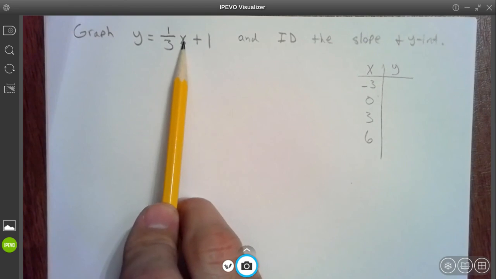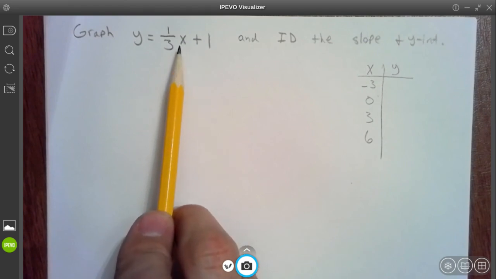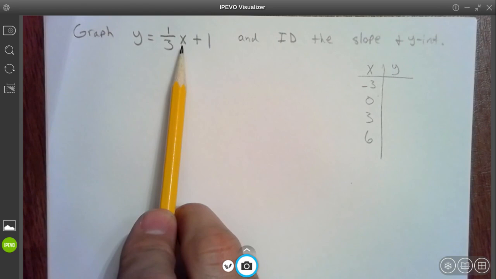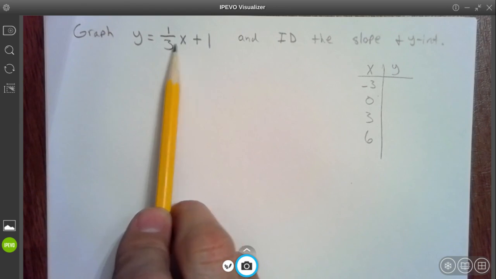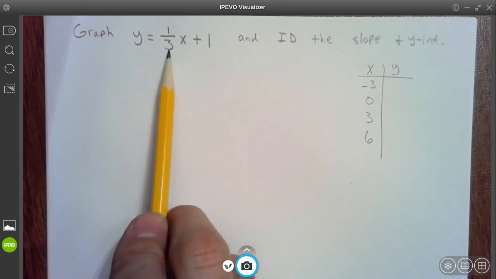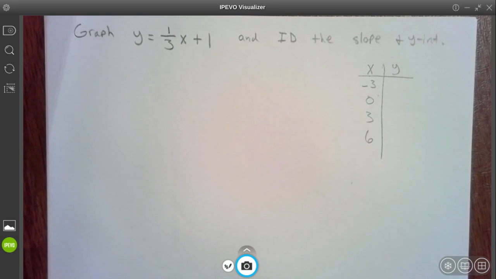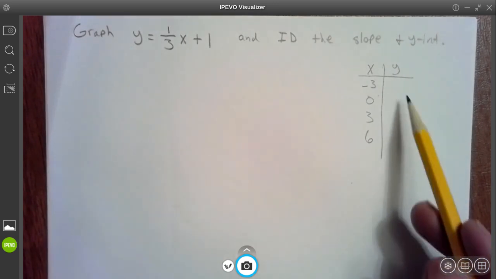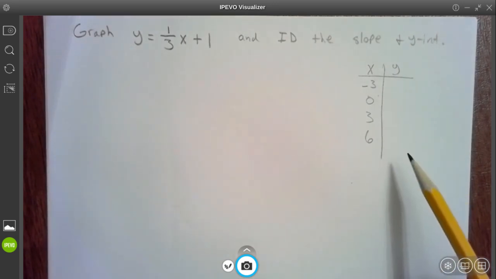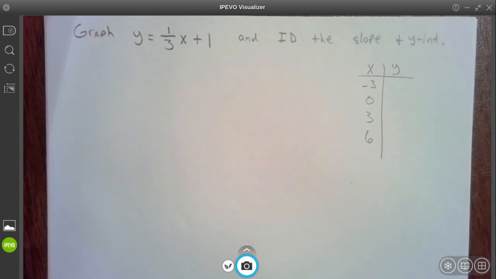These numbers for x need to be divisible by 3 because I'm going to be doing 1/3 of that number. Because my denominator was 3, I chose multiples of 3. I want these answers to come out as nice numbers, and that's why I picked numbers that were divisible by 3.